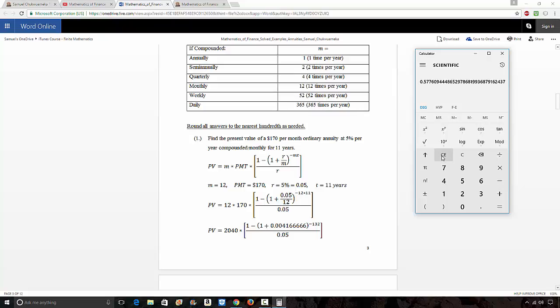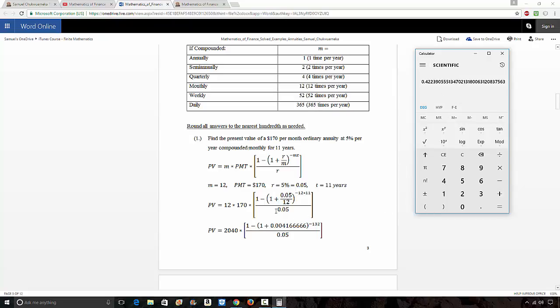So what I will do now is, let me save this in a new memory. I will clear the memory that is in there now, which is negative 132, and I will save this new value in a new memory. Then I will now do 1 minus recall memory, and I'll do equal to. That gives me this.